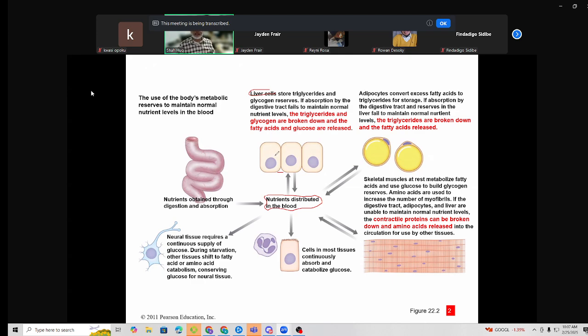And then it is breaking the glycogen. When glycogen breaks down, then it is actually making the glucose, and this glucose is used for the energy, and this energy is used for things like cell divisions, absorb and catabolize the glucose.